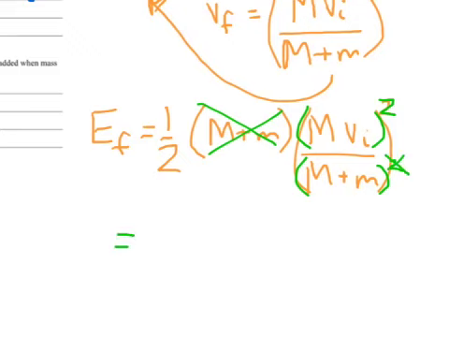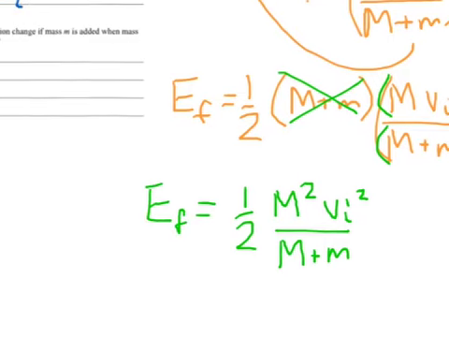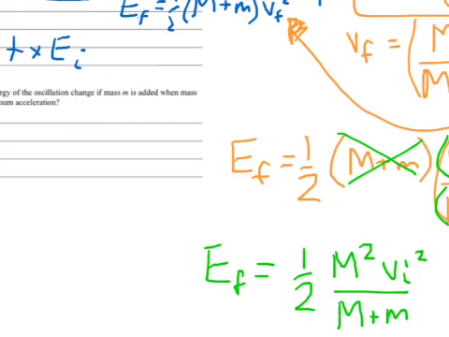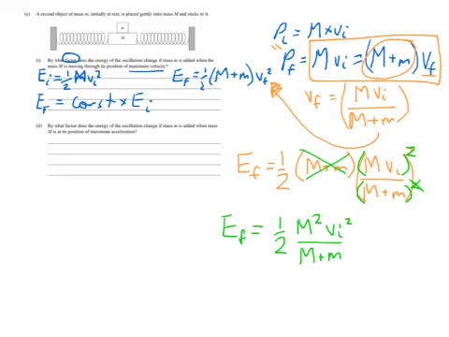So we end up with half M squared Vi squared over big M plus little m. That gives us a nice equation which looks very similar to our initial equation.